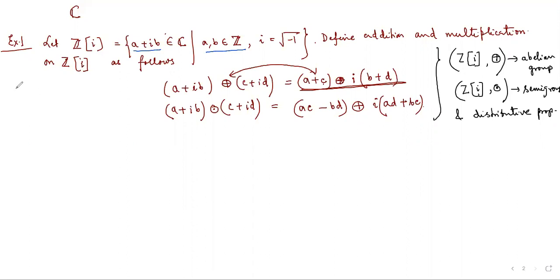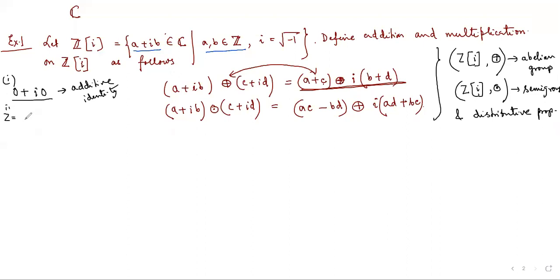If you ask me about the additive identity while showing the abelian group, 0 plus i0 is the additive identity in this particular case. That is point number 1.